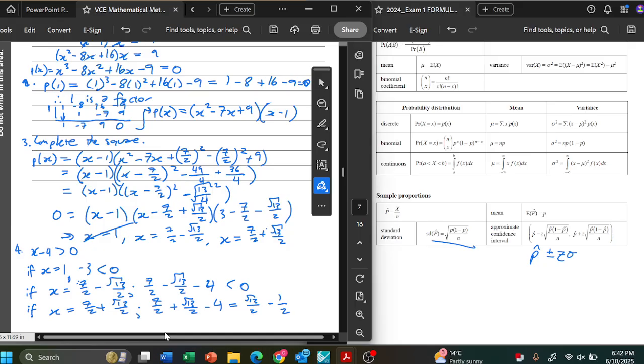And of course, root 13 is quite clearly larger than 1, so that is in fact larger than 0. Therefore, x equals 7 over 2 plus root 13 over 2 is the only solution, and that's worth 4 marks.